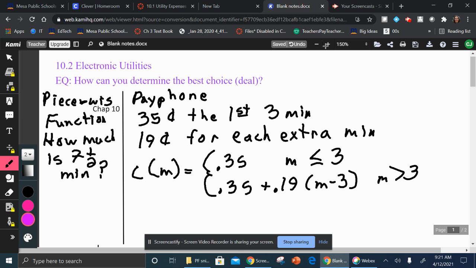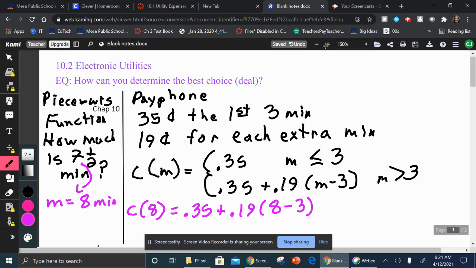Okay, so with the 7.5, we're going to round that to 8 minutes. So the cost for 8 minutes, okay, it's more than 3. So we're going to do the 35 cents plus 19 cents. We're going to substitute in the 8 for the number of minutes, and it would be $1.30. Okay, so that would be the cost.